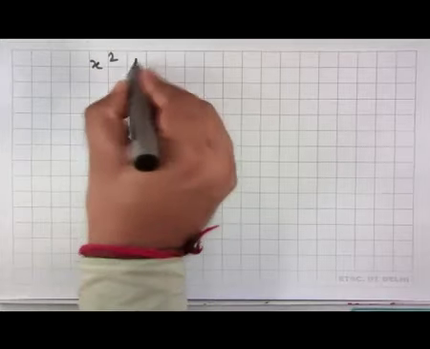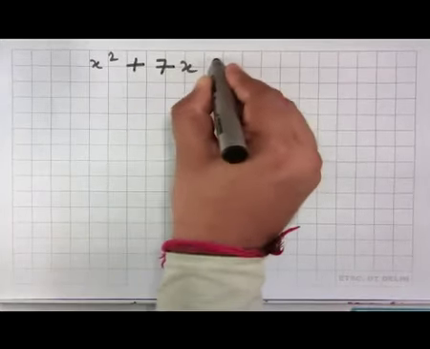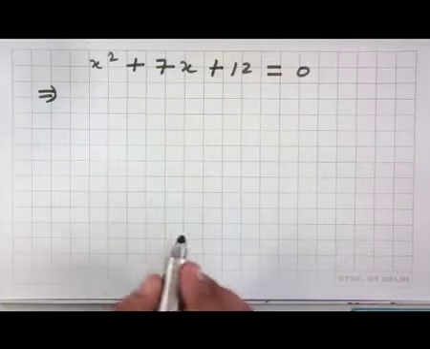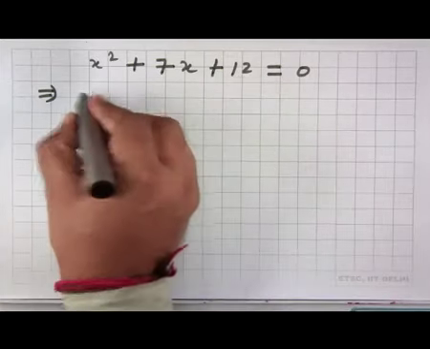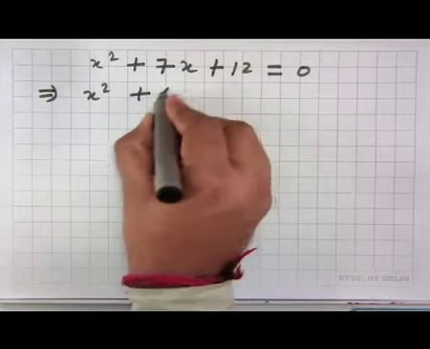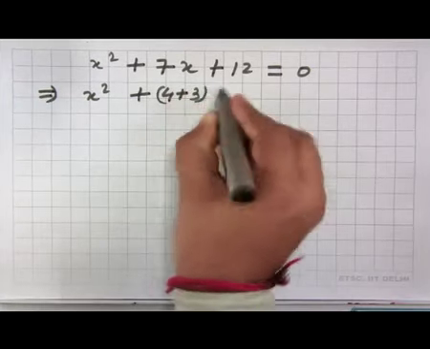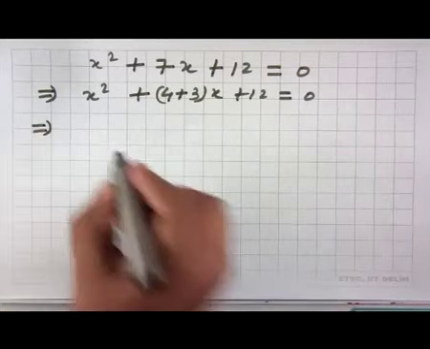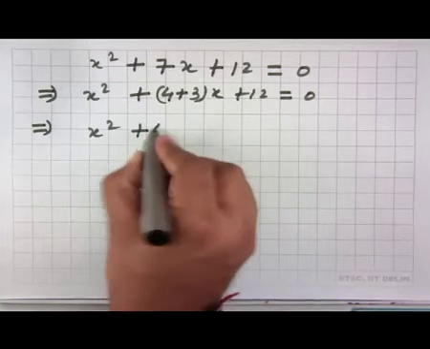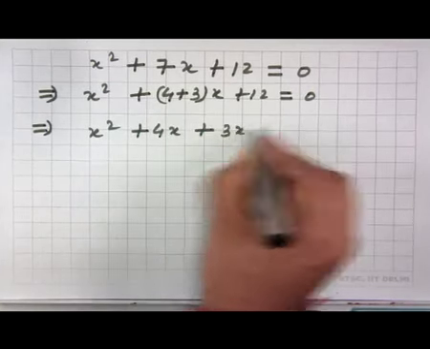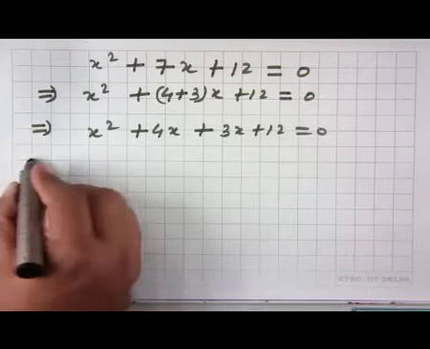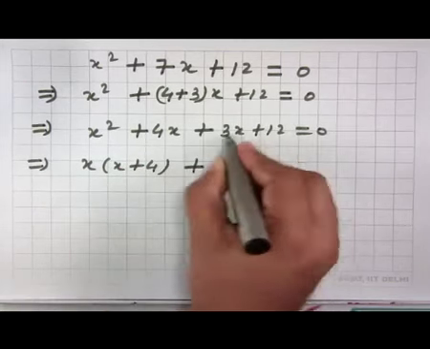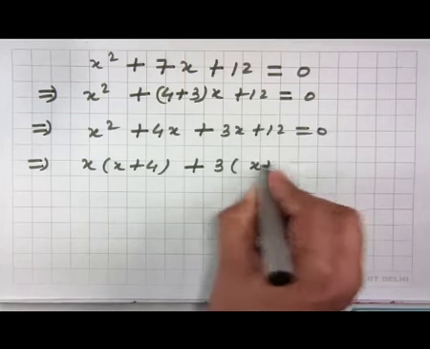Now, the first equation is x square plus 7x plus 12 equals 0. Let us try to factorize it by splitting the middle term. x square plus 4x plus 3x plus 12 equals 0. Taking x common from the first two terms, x of x plus 4, and 3 from the last two, x plus 4 equals 0.